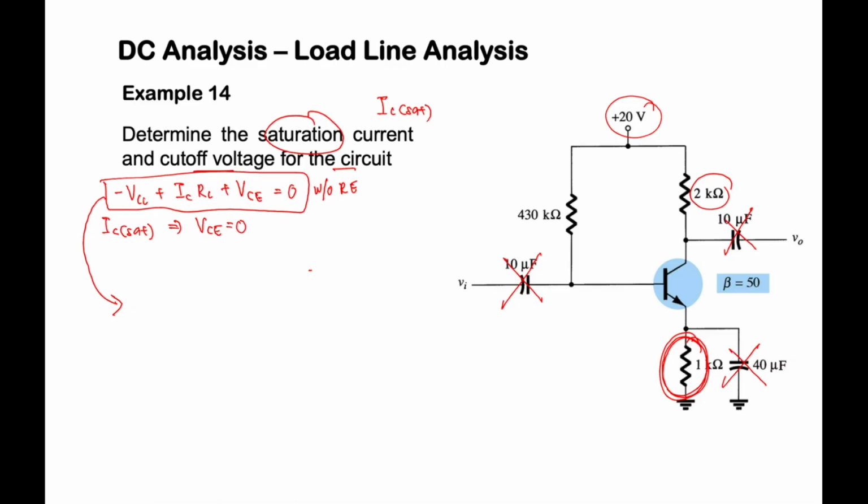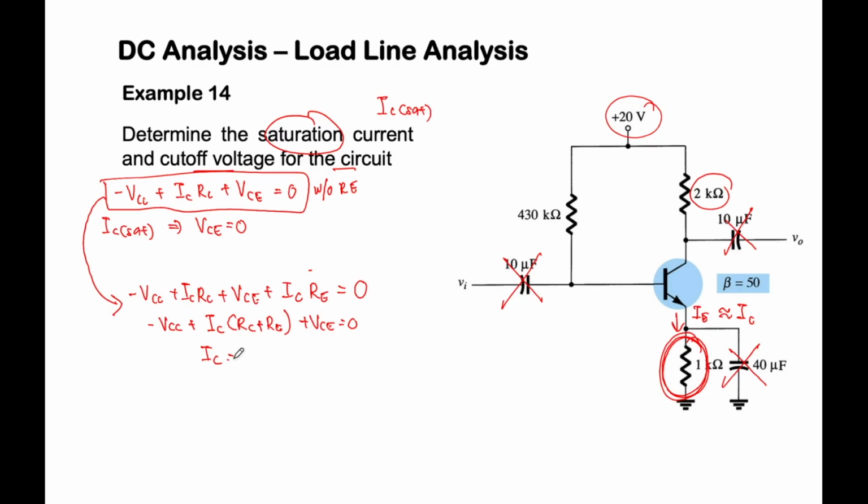It's going to be negative VCC plus IC RC plus VCE plus IC RE, because this is IE, and we know for a good amplifier, IE is almost equal to IC. So it equals 0. From here, negative VCC plus IC times RC plus RE, plus VCE equals 0.